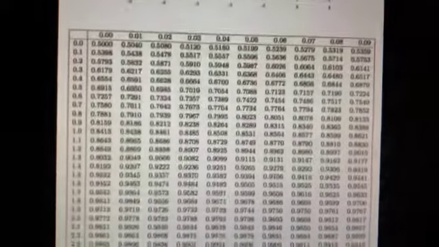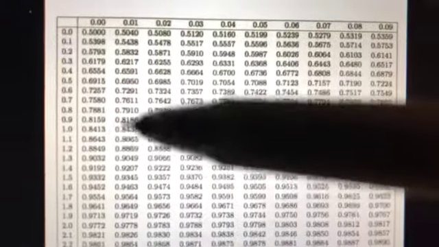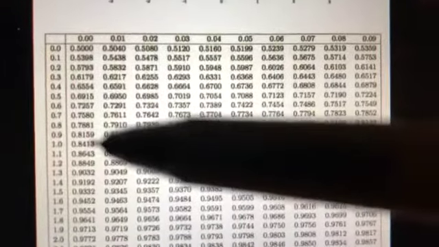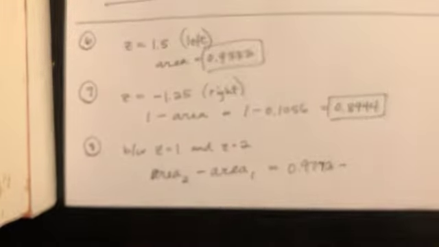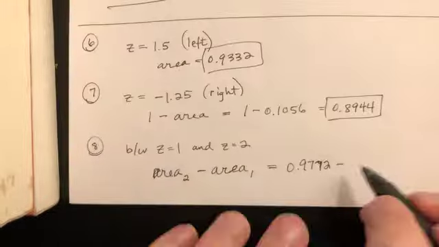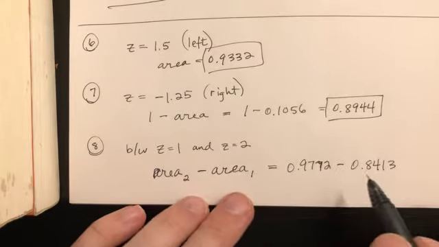And then 1.0 is 0.8413. 8413, yeah. All right, and all I've got to do is subtract those two.